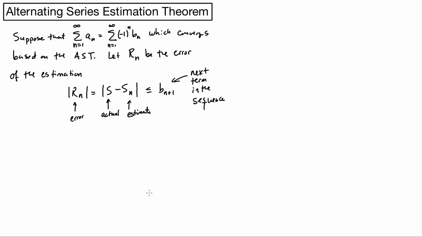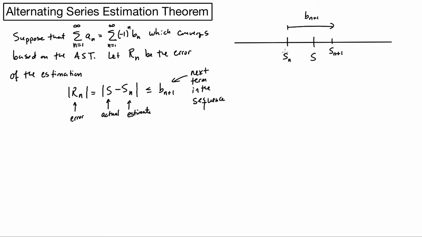If you want a reason for that, let me go back to the illustration I made a second ago. You've got the sum S here in the middle. Eventually, let's say Sn is right here. I know that Sn plus 1 is going to take me over to the other side. What do you add to get from Sn to Sn plus 1? This distance is literally Bn plus 1.